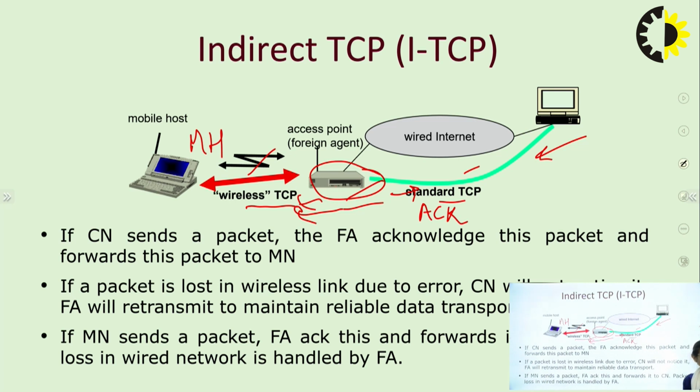Now, if a packet is lost in the wireless link due to some error, the CN is not aware of it. Who will resend the data? The FA. The FA will retransmit to maintain reliable data transport. If the MN sends a packet, the FA acknowledges it and forwards it to the CN. Packet loss in the wired network is again handled by the FA.